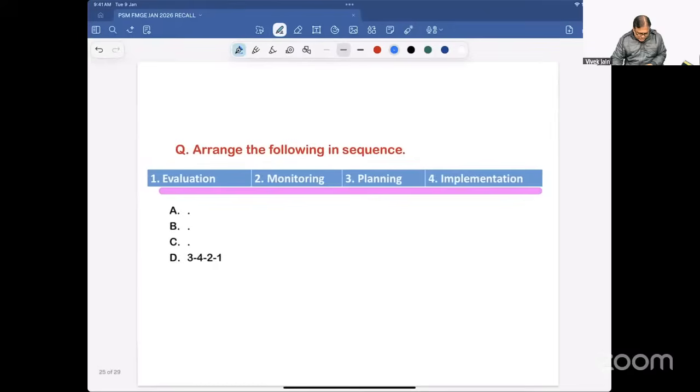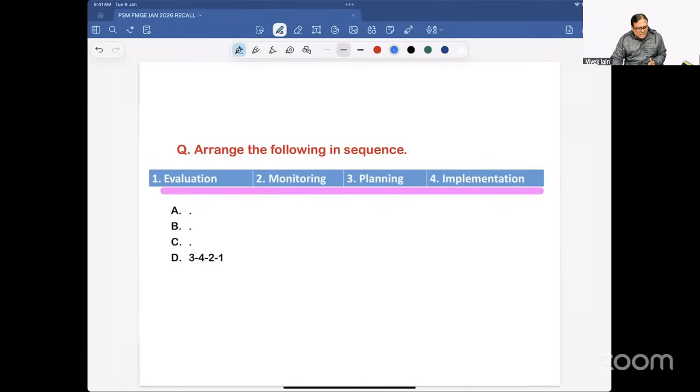Please have a look at this, friends. Evaluation, monitoring, planning, implementation. Okay, it was there. So can you now confirm whether these four words only were there? A student was saying, okay, delegation was also there. So implementation may not be there. It may be delegation. Is it right now?